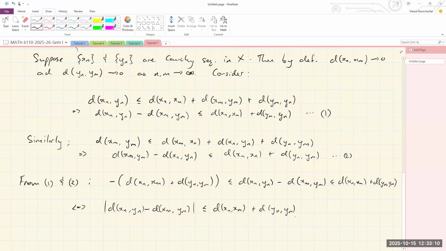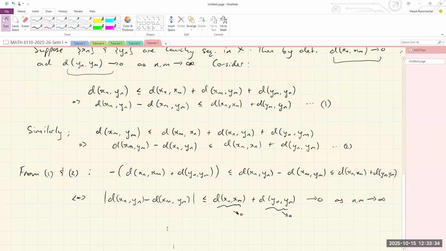Okay, and this goes to 0 as n and m go to infinity. Because remember, this guy goes to 0, this guy goes to 0, because they are both Cauchy sequences, right? Up here is where we have that.